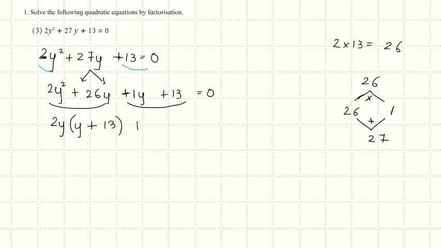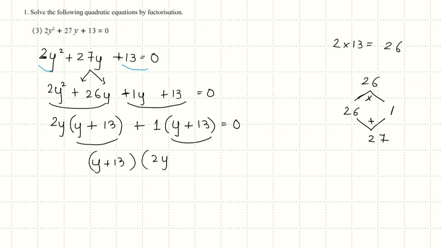Write down the plus sign here. Here take number 1 as common and y inside the bracket. 1 into y plus 13 is equal to 0. Okay, write down the brackets first. Y plus 13 into 2y plus 1 is equal to 0.